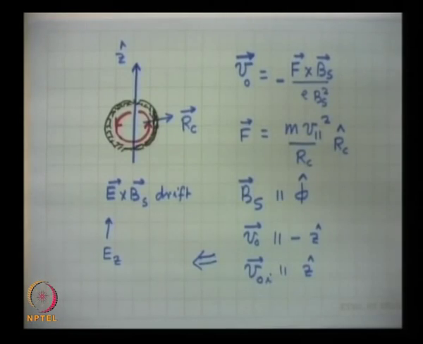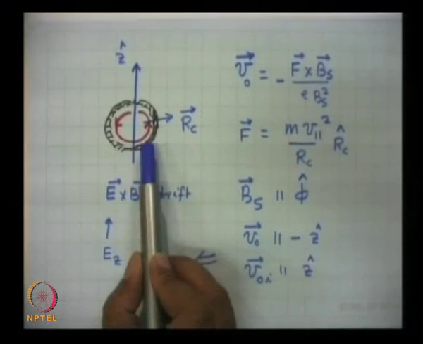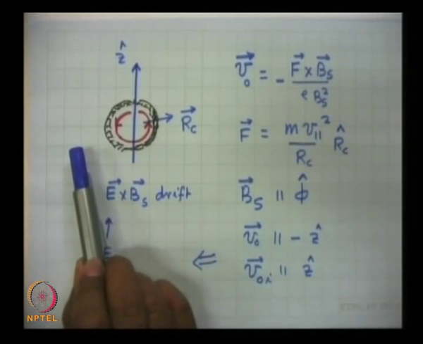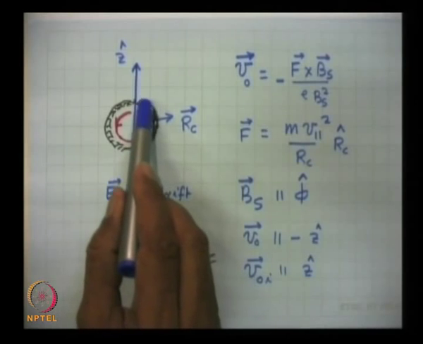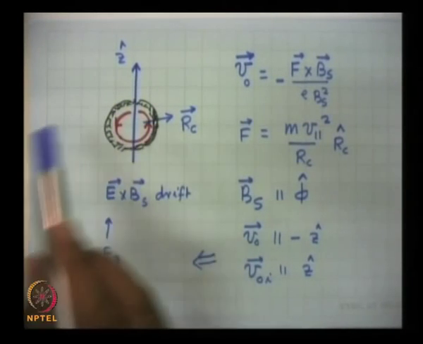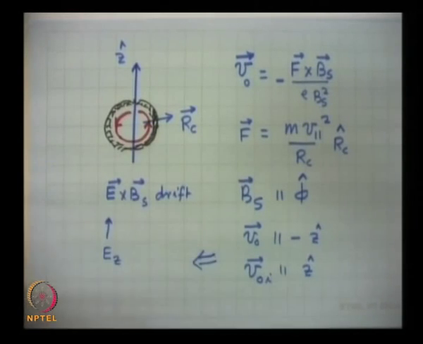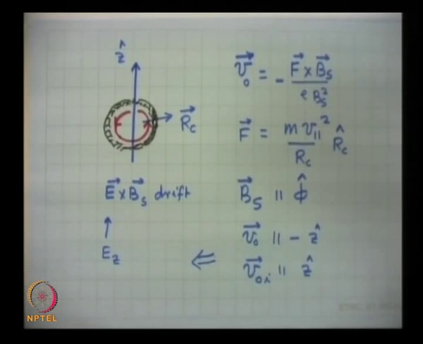What was really found in 1950s, late 50s, by a theorist in Soviet Union, was that if you can have a current in the plasma in the azimuthal direction, the phi direction, the same direction in which a DC azimuthal magnetic field is produced by this current carrying wire, then there is a possibility to compensate for, to negate these drifts, and that is a very important contribution.